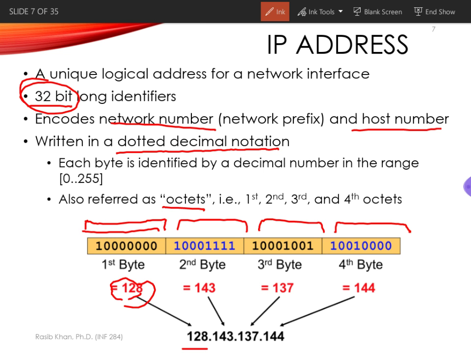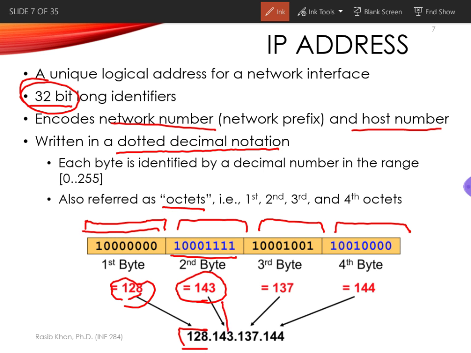So for this particular example, the first octet is 10000000. This converts to 128 in decimal. So the first octet is 128. The second octet has a binary value 10001111, and if you convert it into decimal, this converts to 143.